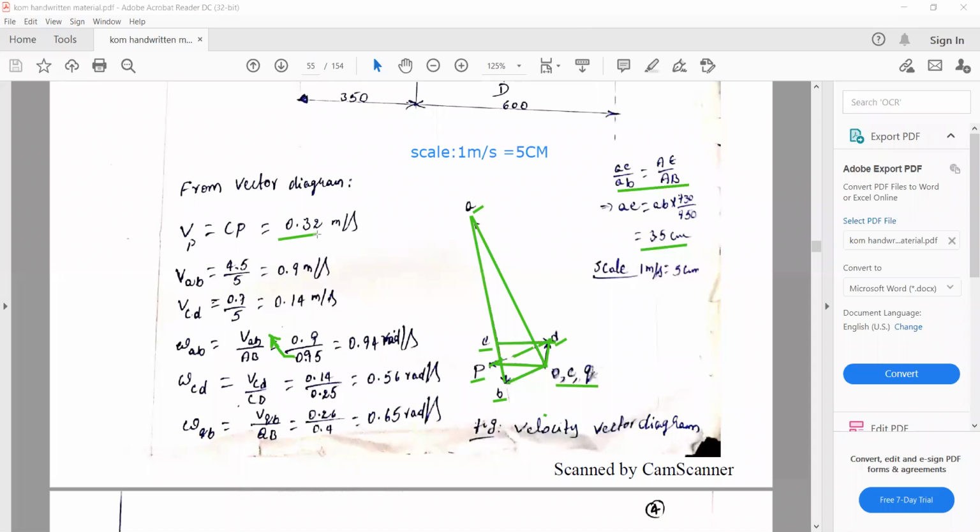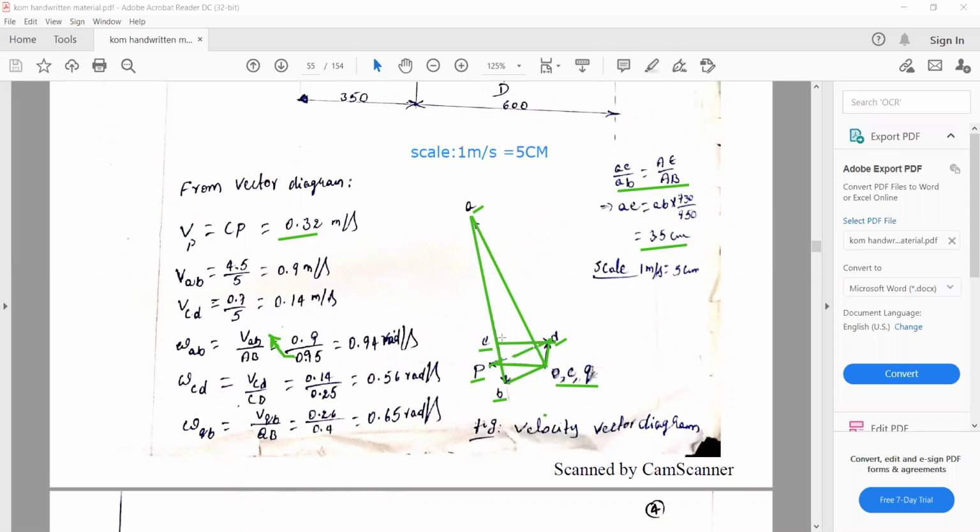Vector CP is 0.32 meter per second. If it comes to 1.5 or 2 centimeter, then 2 by 5, and that is converted into meter per second.